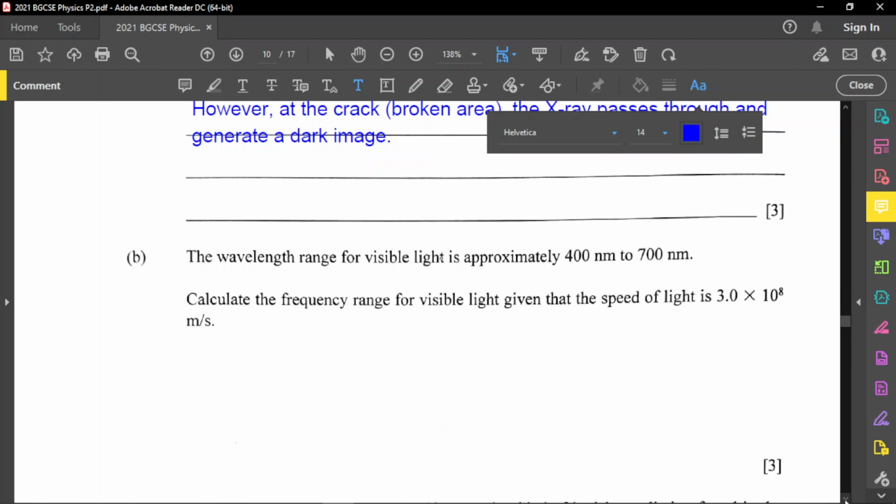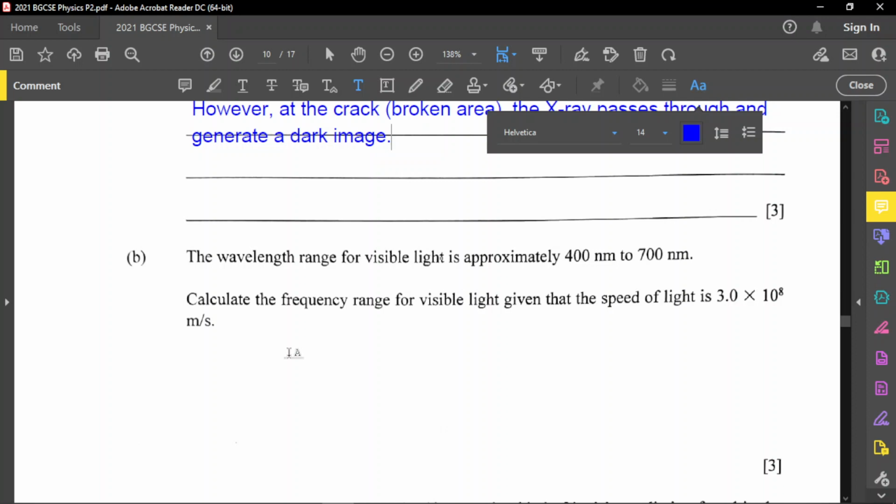All right, so for part B now, it said the wavelength range for visible light is approximately 400 nanometers to 700 nanometers. Calculate the frequency range for visible light, given that the speed of light is 3 times 10 to the 8 meters per second.